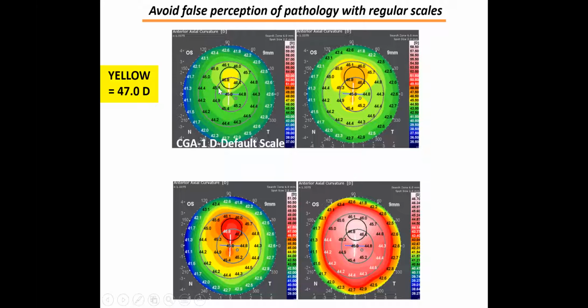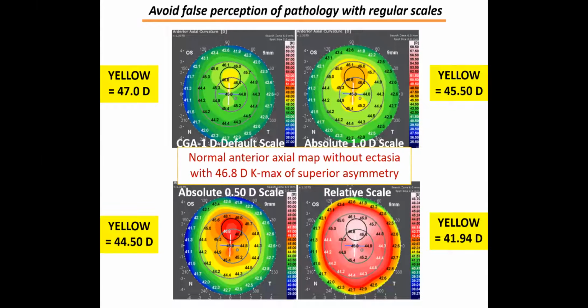And with this scale, we have a real view of what is happening, and not, for example, using an absolute scale where the yellow is at 45.5, introducing an orange that should not be there because it's not above the normal range or the normal limit, or perhaps using 0.5 scales, introducing red colors which are false positives, or relative scales.